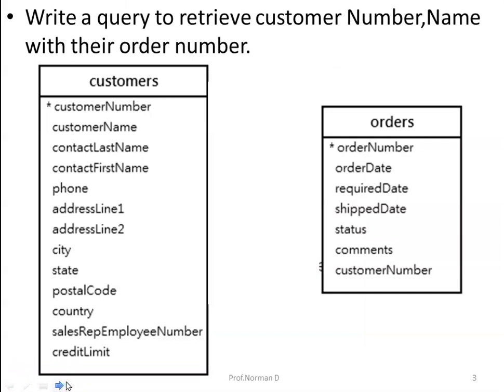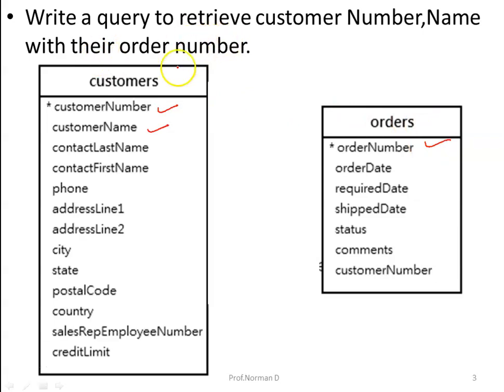We have a query over here where we have to retrieve the customer name along with the customer number and the order number. So this data is available in two different tables. The customer number and name are available in the customers relation, and the order number is available in the orders relation.